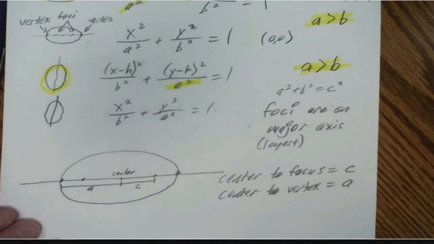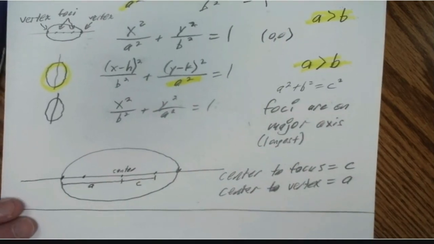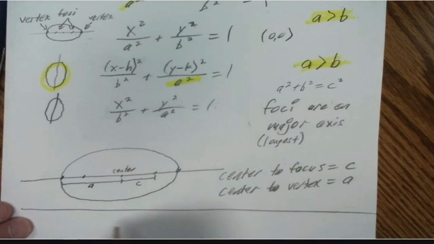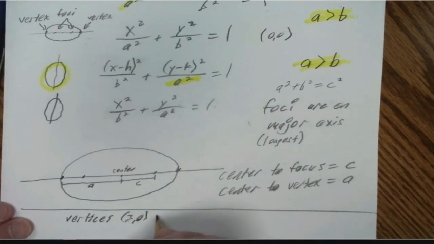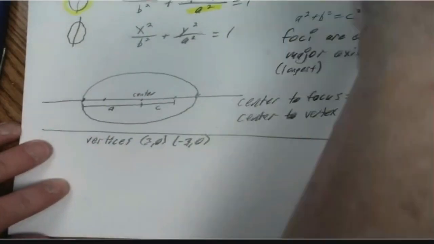So let's try to work a problem. In this problem, they're going to give us the vertices. And the vertices are 3, 0, and negative 3, 0. Okay, so there's our two vertices, 3, 0, and negative 3, 0.